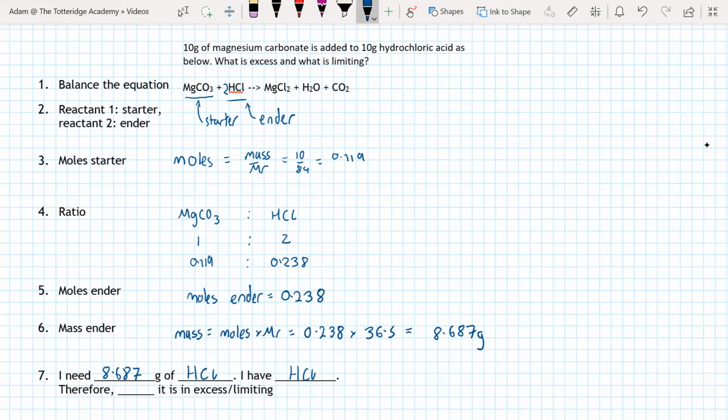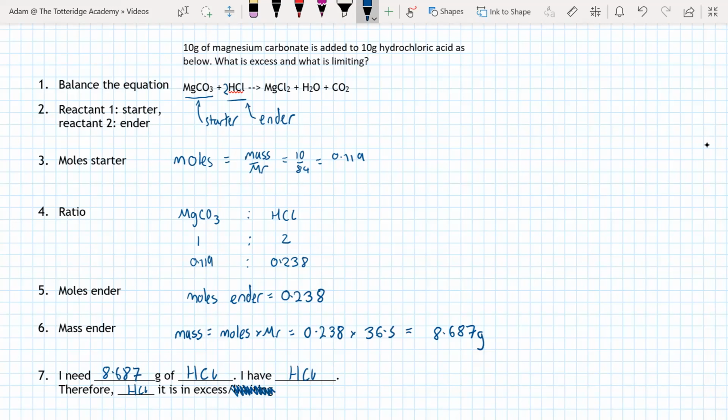All the HCl I need is 8.687, which means I've got more HCl than I need. I've got 10 grams, but I only need 8.687 grams. And therefore, HCl is in excess. Now, this last sentence here is a writing frame.